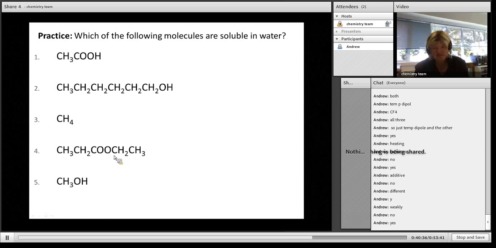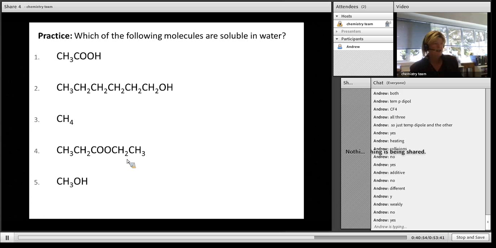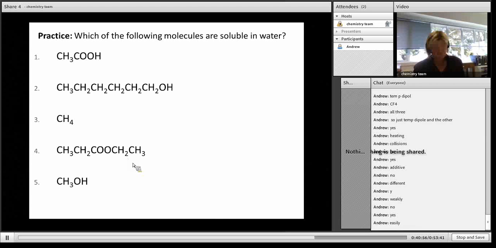It actually floats on top of water too, with only a little bit dissolving, so it's very, very slightly soluble, and it's because I've got fairly big chunks of non-polar parts to it. So it's now just the shape and size of the molecule, although water can form hydrogen bonds with it, it's not going to dissolve very readily. So it's one of the in-between.